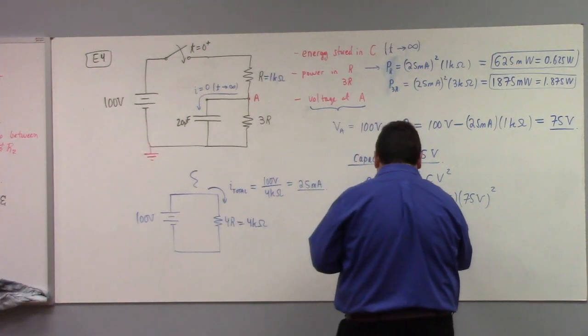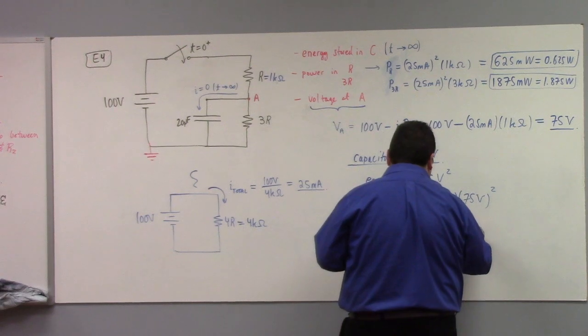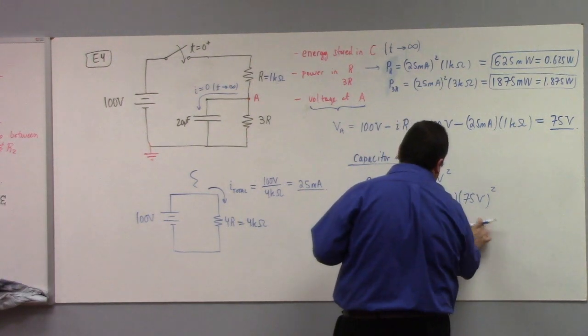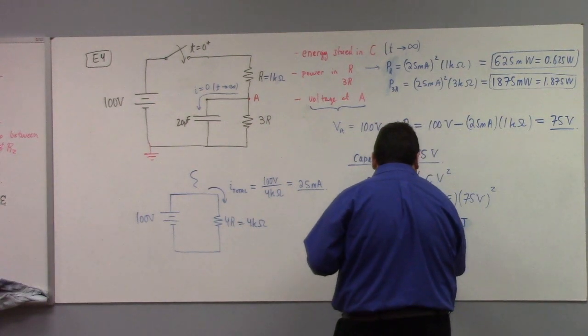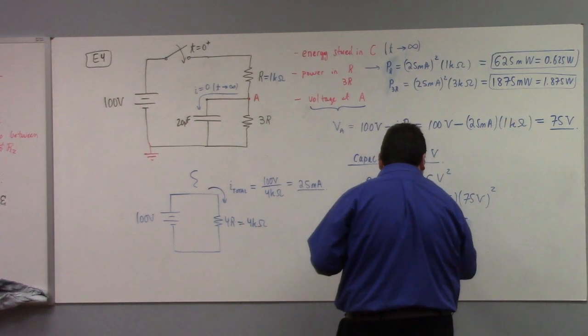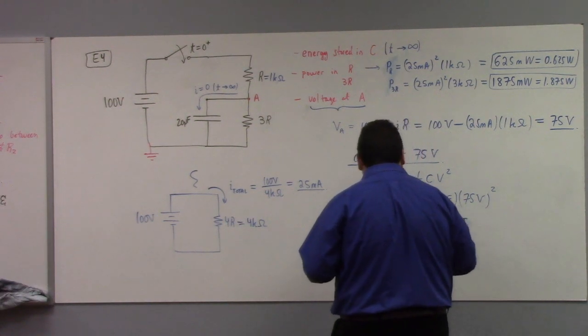I get 0.05625 watts. Watts, listen to me, no. Energy is in joules. So if you like, you could write that as 56.25 millijoules, which is how I like to write that.